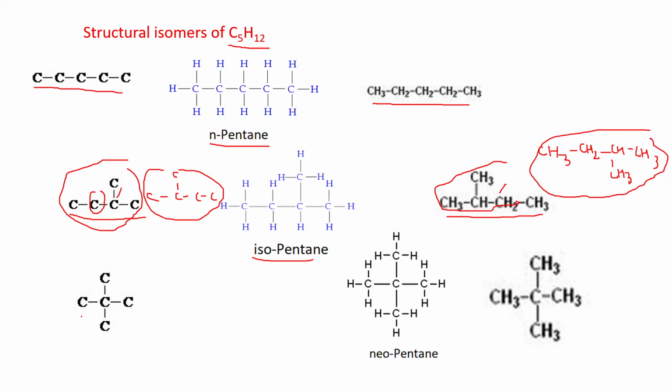Next one is, if 3 carbon atoms are in a straight chain, then we have to add 2 carbon atoms on the middle carbon atom. This is one and this is another one. Again, satisfy the remaining valency of each carbon with hydrogen atoms, then we will get this. Its name is neopentane, and neopentane can also be represented like this. That's why we can say the formula C5H12 has 3 isomers: normal pentane, isopentane, and neopentane.